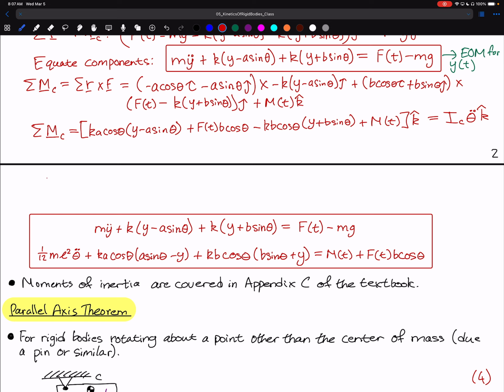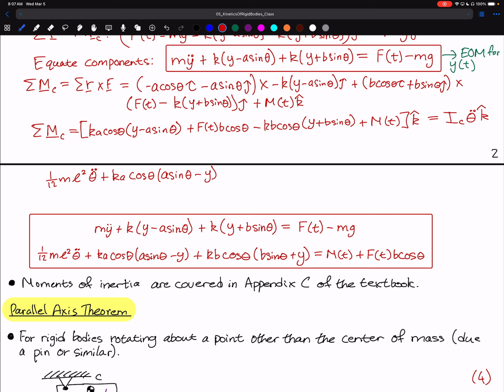Okay, and then we can substitute in and rearrange, and we'll get 1/12 m L squared, that's the moment of inertia, times theta double dot, plus k times a cosine theta. Actually, hold on a second. Okay, I left out a minus sign. Yeah, ka times cosine theta, and then a sine theta minus y.